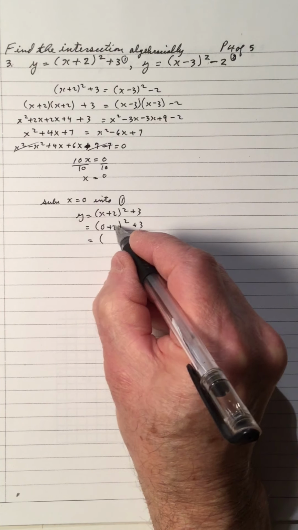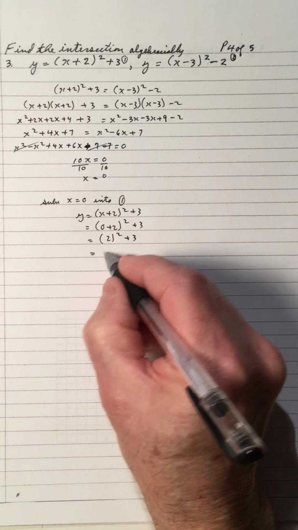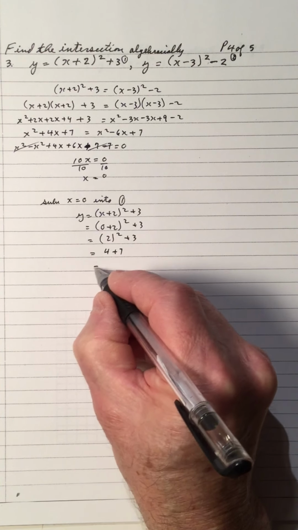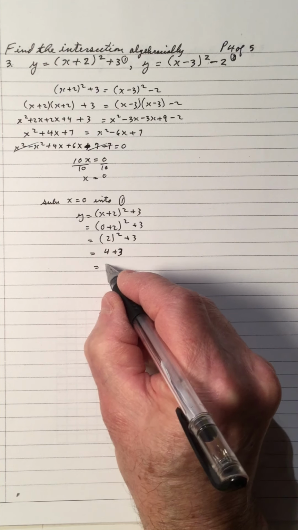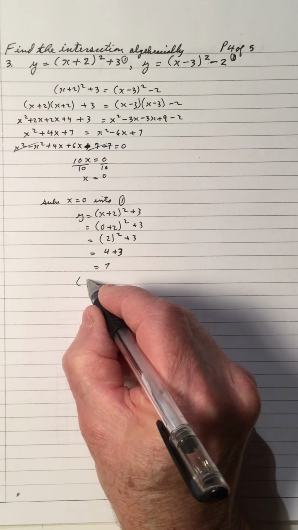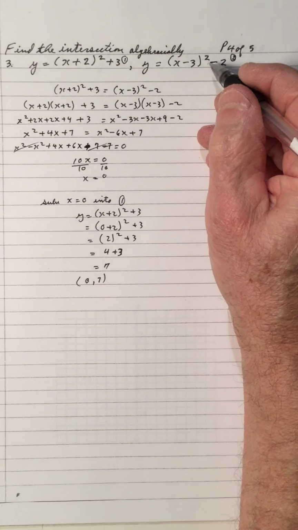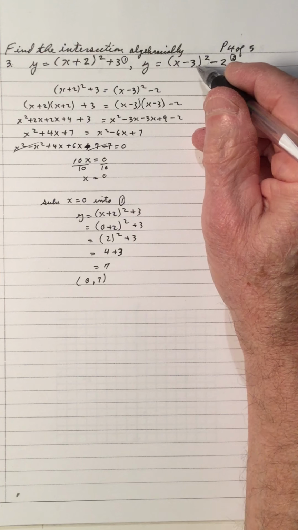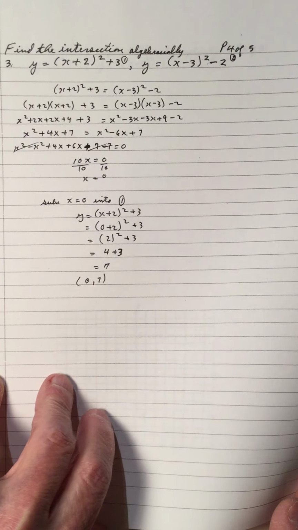We work out the inside of the brackets first, which is a 2. Then we square to get a 4. And we add 4 and 3 is 7. So the point of intersection is 0, 7. So these two parabolas are both intersecting at 1 point.